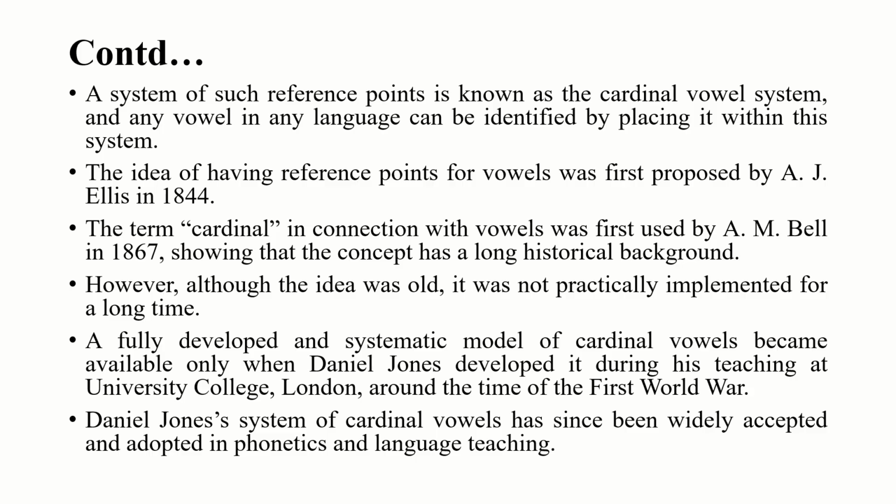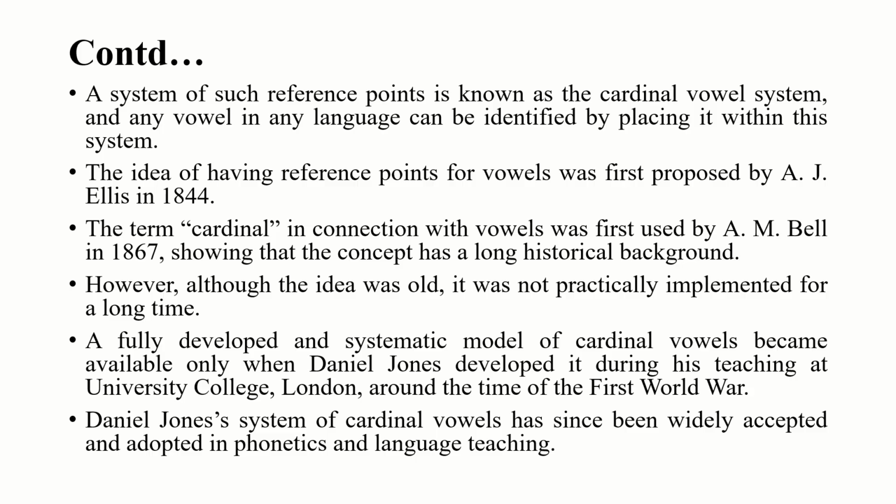However, although the idea was old, it was not practically implemented for a long time. A fully developed and systematic model of cardinal vowels became available only when Daniel Jones developed it during his teaching at University College London around the time of the First World War.